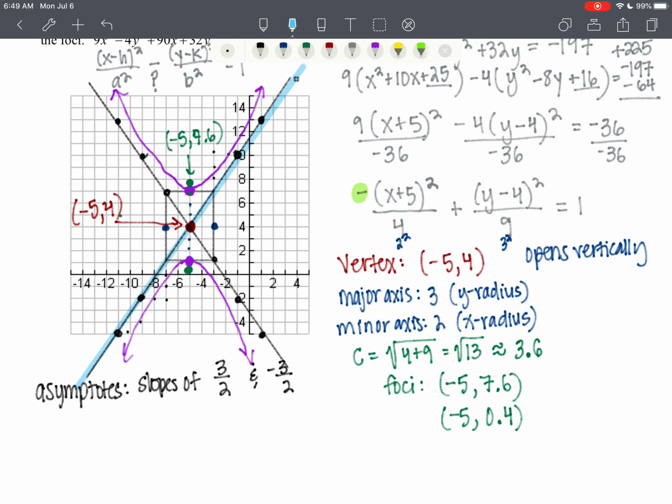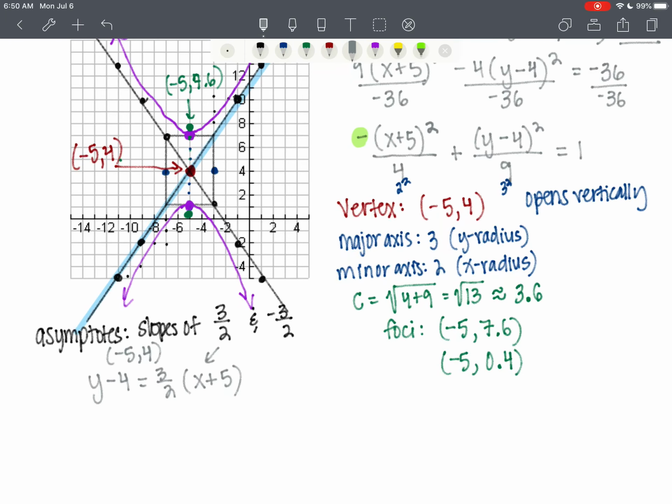So I know that it definitely goes through negative 5, 4, the center of the rectangle. So y minus 4 equals 3 over 2 times x minus a negative 5, which is x plus 5. So this is one asymptote. And the other asymptote is y minus 4 equals negative 3 over 2 times x plus 5. Same thing, but just with a negative slope.